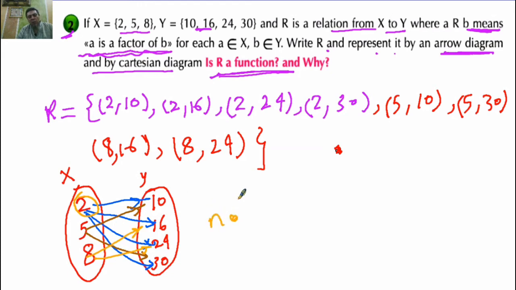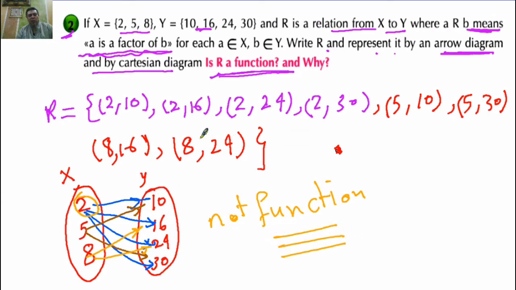This relation is not a function because element 2 appears 4 times, or has 4 arrows, connected with 4 elements in Y. That's the reason the relation is not a function.